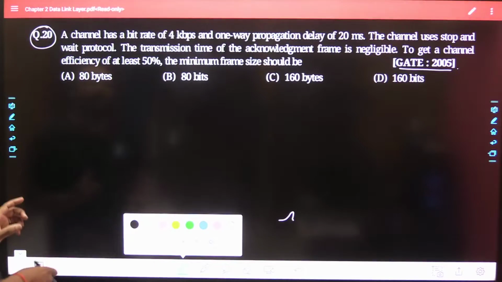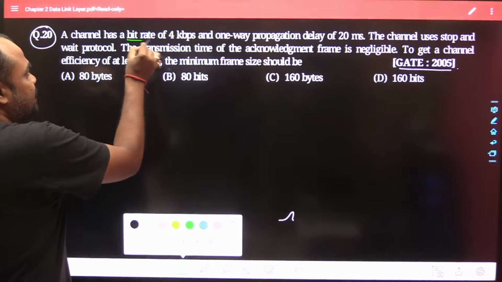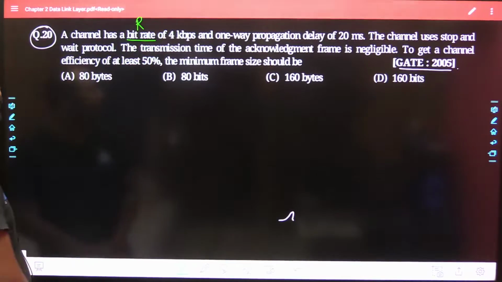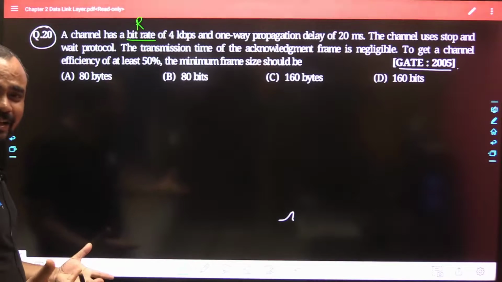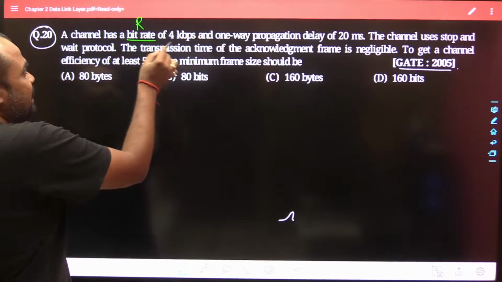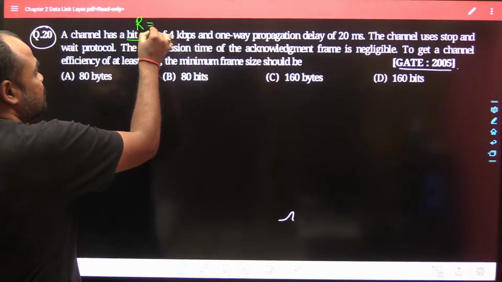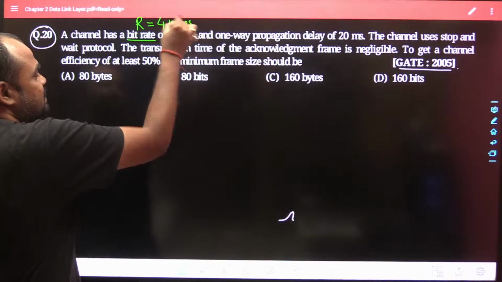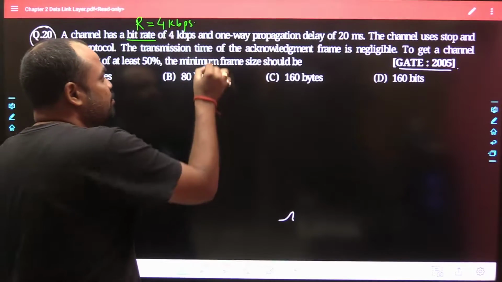See, it is given a channel has a bit rate. Bit rate means bandwidth, that is R. Bit rate, or data rate, both are the same thing, or you can say the bandwidth. So a channel has a bit rate of 4 kbps, means R is equal to 4 kbps. It is given, and one-way propagation delay.